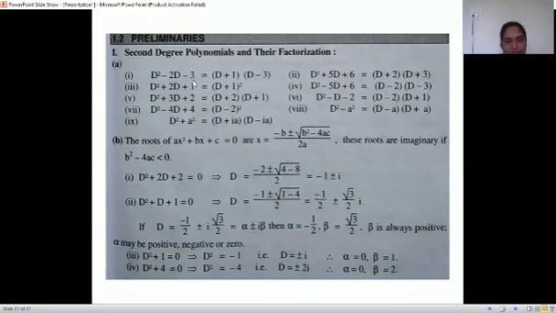So minus 3 we can write as minus 3 times 1 or 1 times minus 3 for multiplication, right? But we have to choose either minus 3 and 1 or 1 and minus 3. How do you decide that? Is it minus 3 and 1 or 1 and minus 3?